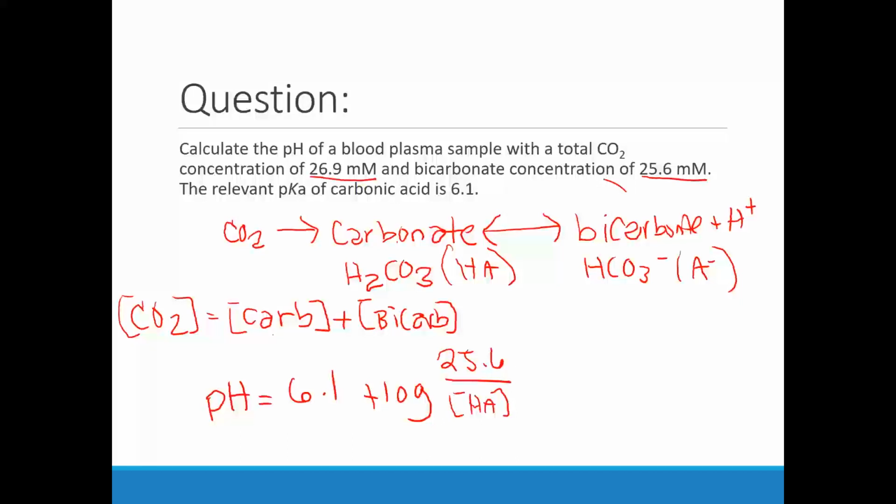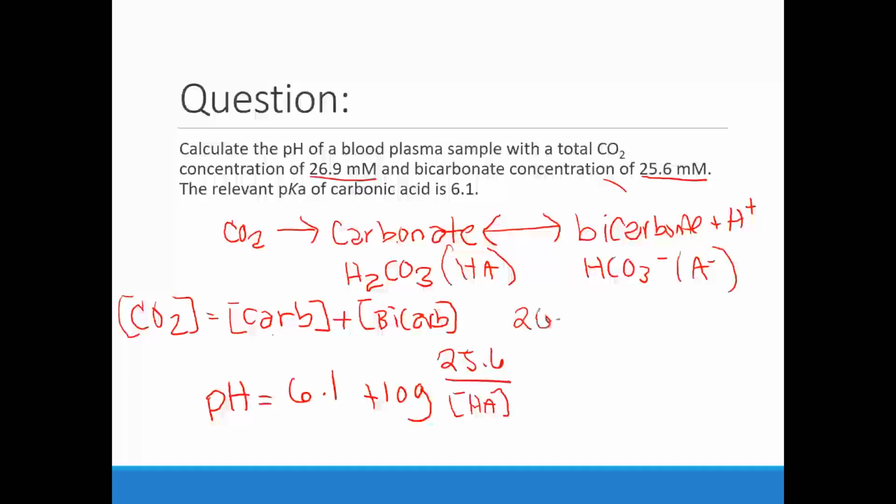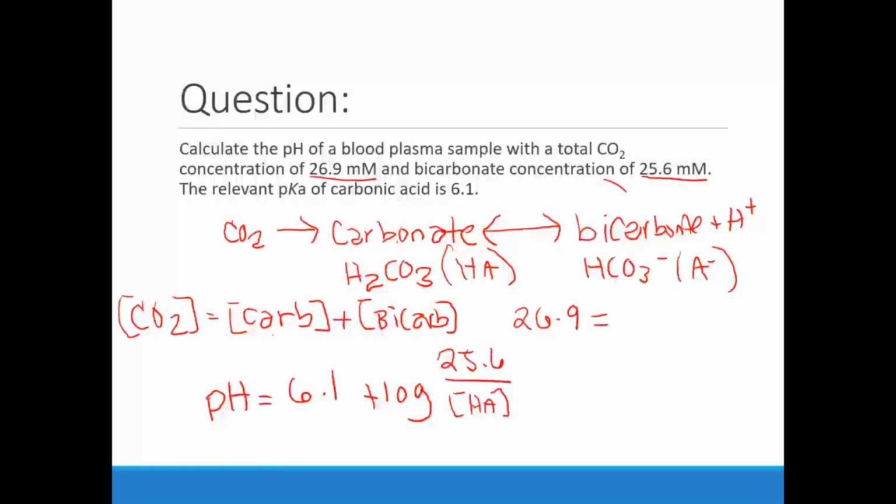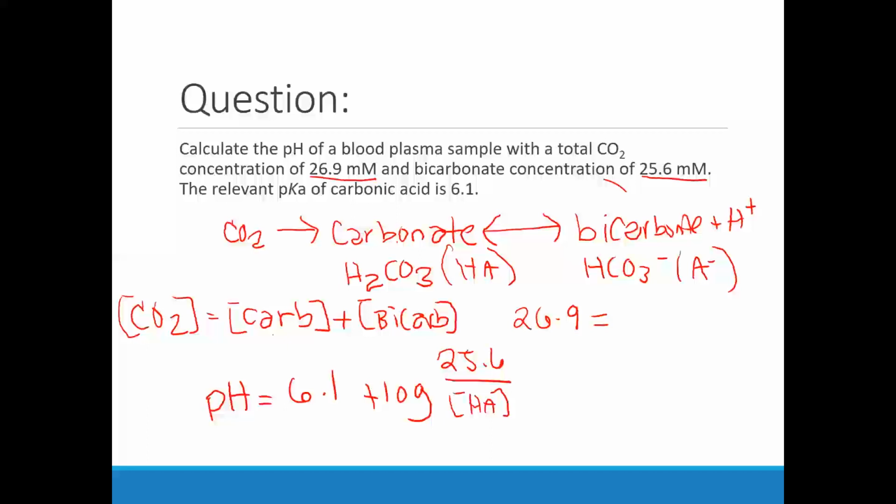So if you knew the total amount of CO2, you can calculate your carbonate and bicarbonate. So total amount of CO2, 26.9. That's equal to the amount of carbonate present. That's what we need to find. Plus the amount of bicarbonate present, which we know. 25.6.